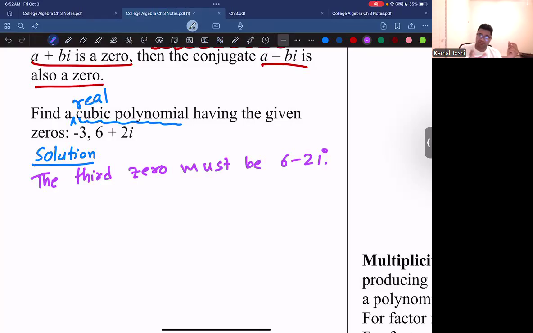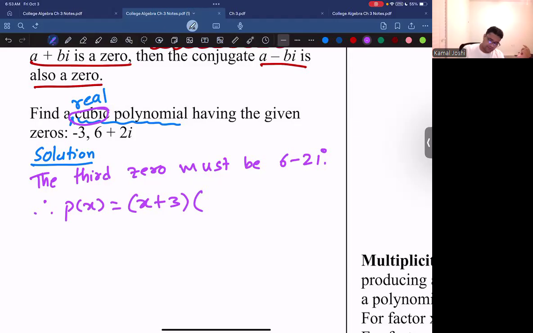But if 6 plus 2i is one of the zeros, then 6 minus 2i must be the other zero. And because it's a cubic polynomial, you have only 3 zeros. So those are all the zeros you have. Therefore, it's as simple as this. Minus 3 is a zero, so x plus 3.